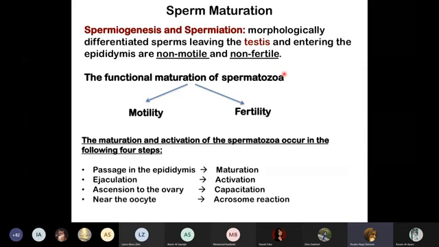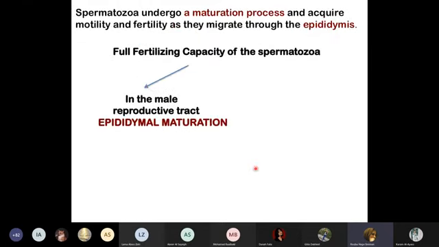And when it reaches the oocyte, there is the acrosomal reaction. I'm mentioning all of these steps, which will be covered in chapter 6, to tell you that the sperm, even after passage through the epididymis, is not 100% fertilizing. The sperm will undergo maturation as it moves through the epididymis. It will acquire motility and fertility. However, its full fertilizing capacity is not acquired in the male reproductive system.